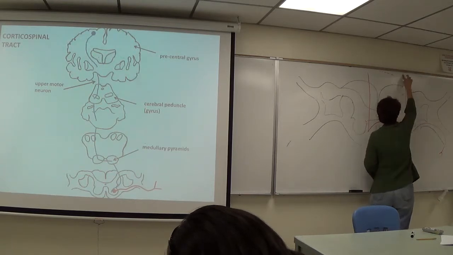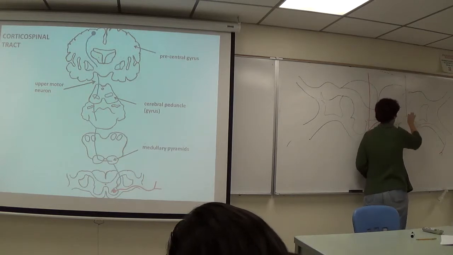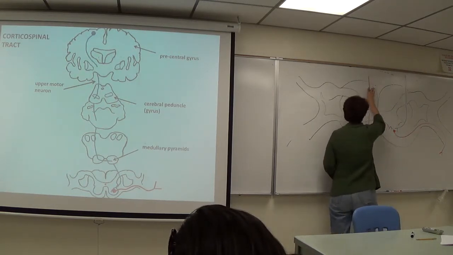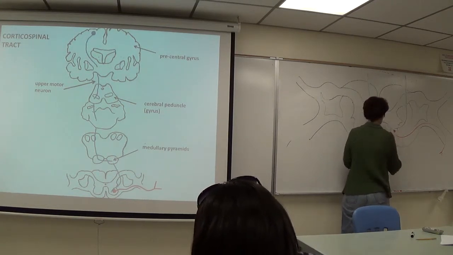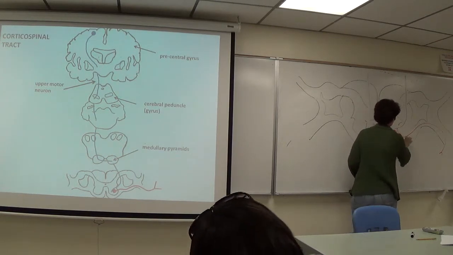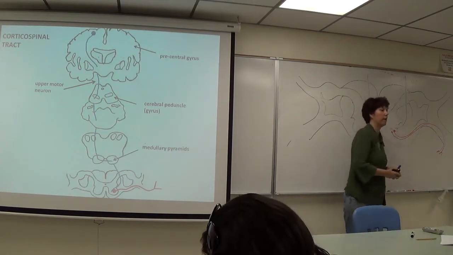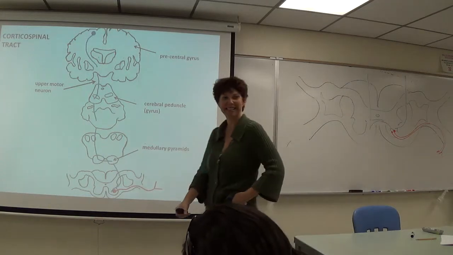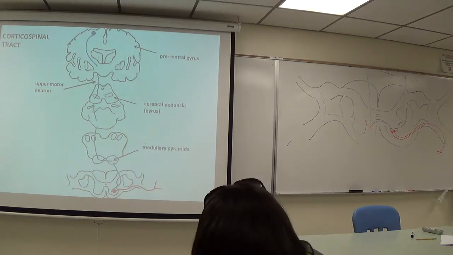Make this follow the picture. I guess I should make this blue. So ventral root is formed of lower motor neurons. Ventral ramus is a mixture of our lower motor neurons and our first order neurons.